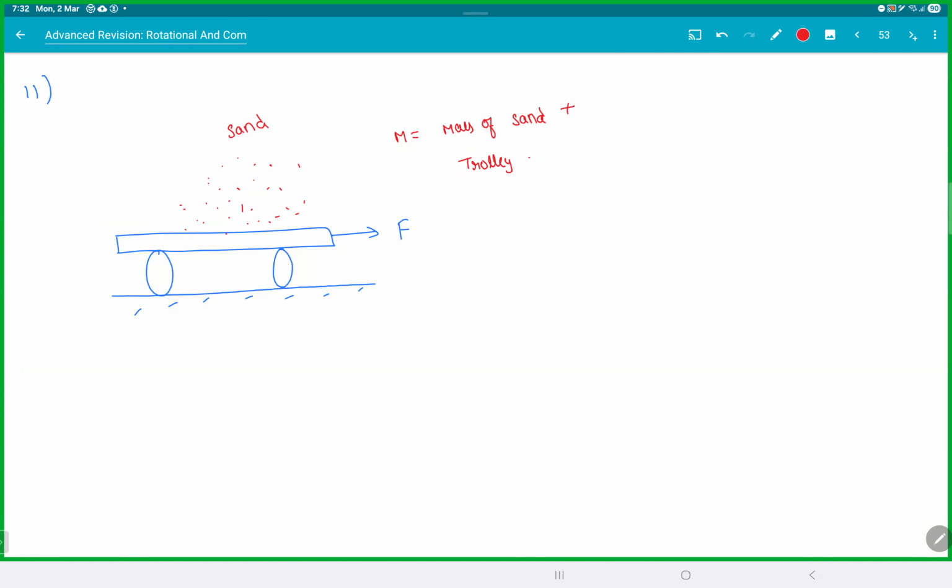There is a small hole here, and the sand is leaking here. And you're applying a constant force, and initial velocity is 0. Find the velocity of the trolley at time t.